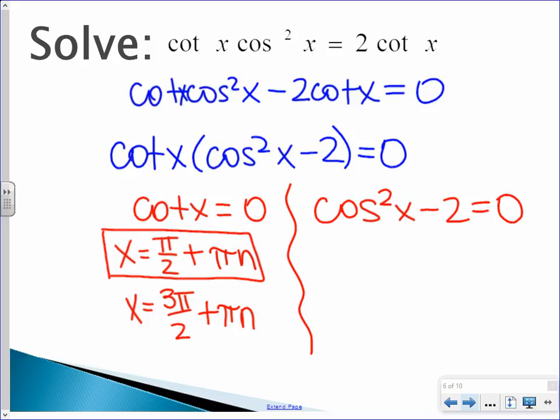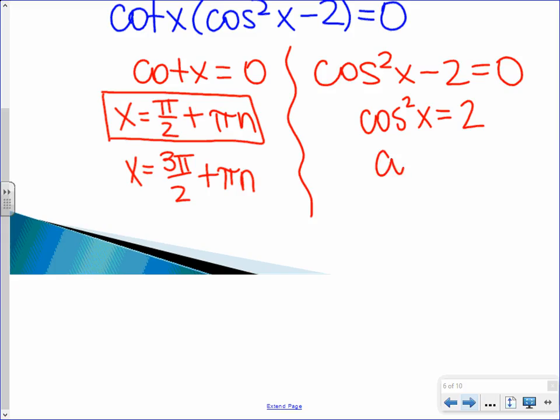How about over here? We have cosine squared of x equals 2. Remember that when you square root both sides, you have to account for plus or minus that radical value. That will pop up a couple times in your homework.